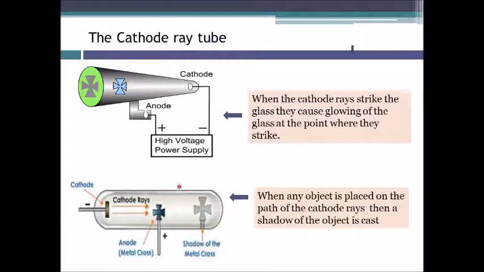Second, when any object is placed in the path of the cathode rays, they cast a shadow of that object. That means cathode rays travel in straight lines and can cast a shadow of any object placed in their path.